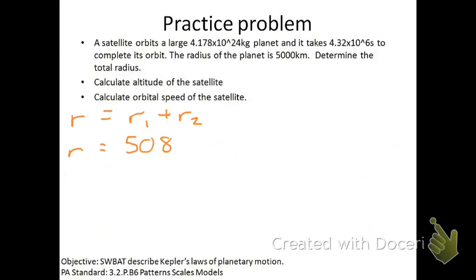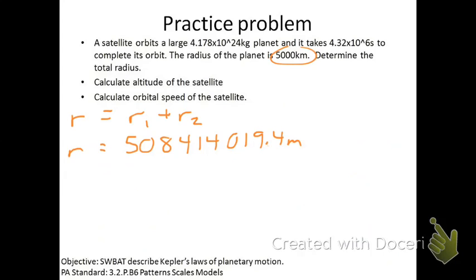But we just saw that huge number we had earlier, 508,414,019.4. This is in meters, remember that? That's 508,414,019.4 meters. This step is actually quite easy because we were already given the radius of the planet.